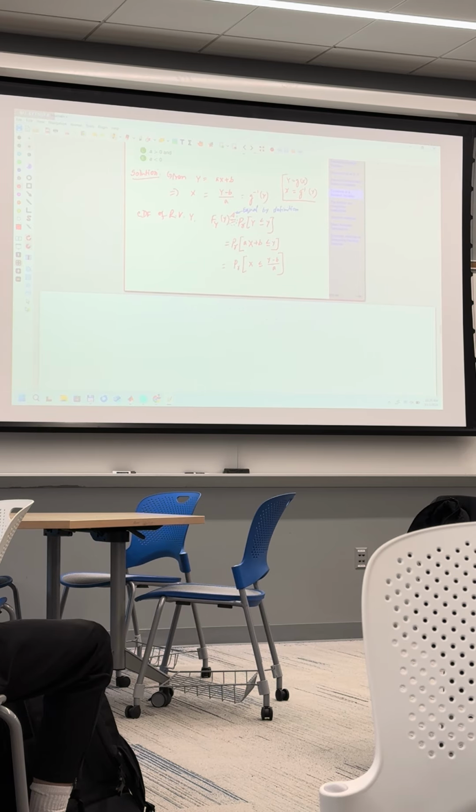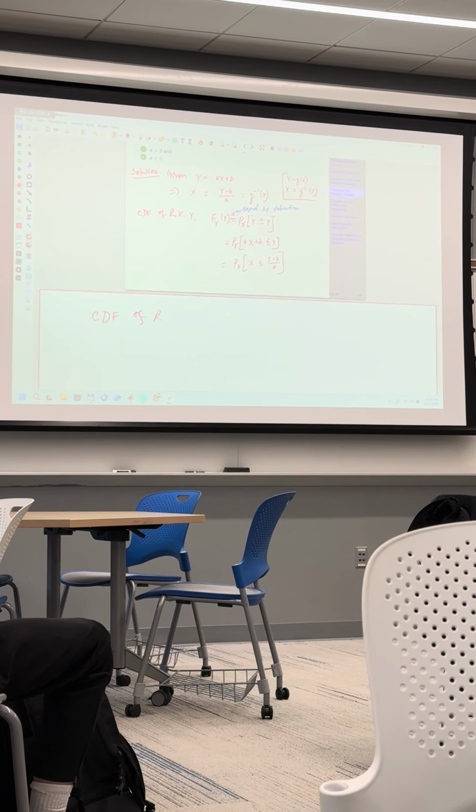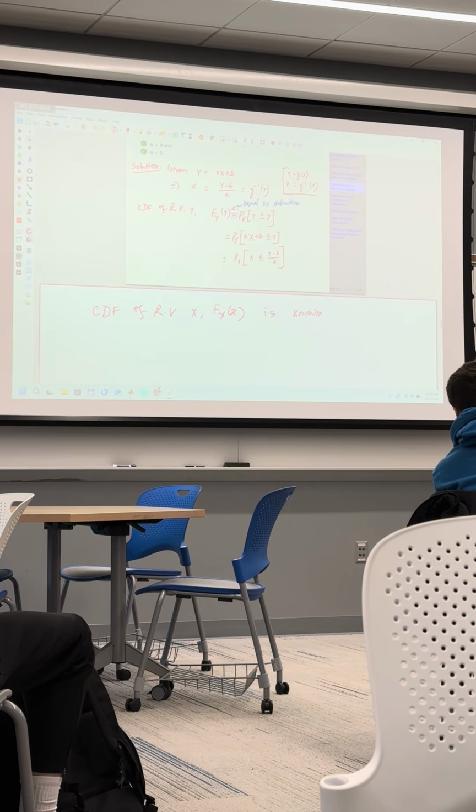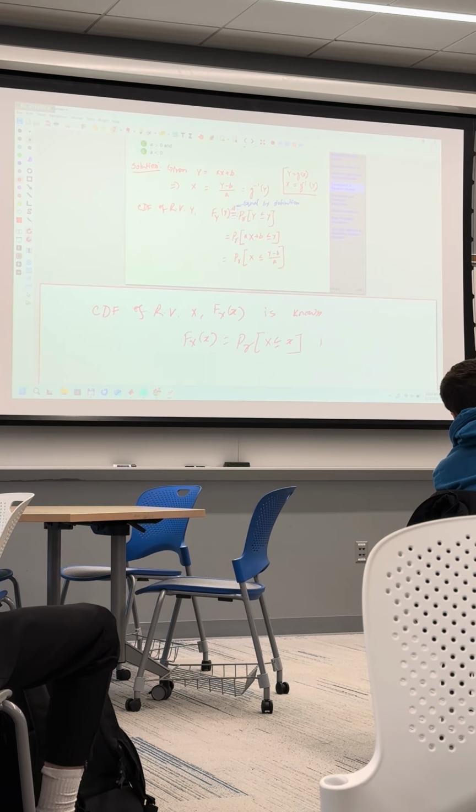Now, did I say that the CDF of RV x, f sub x, is known? Yes, I did say the CDF f sub x is known. So therefore, f sub x, which is by definition probability that x less than or equals x, is known.